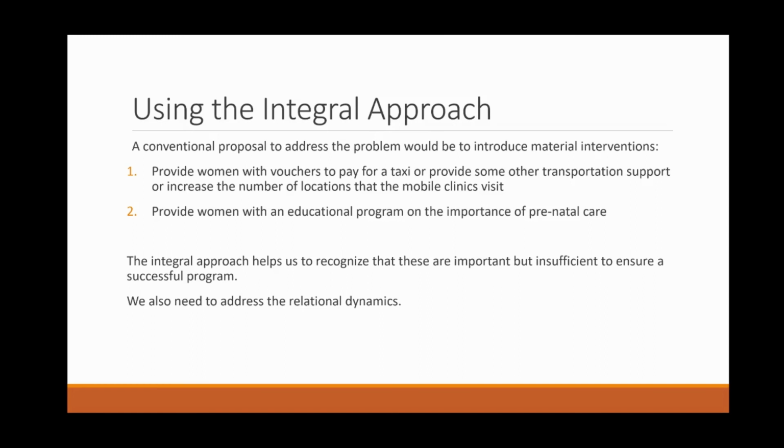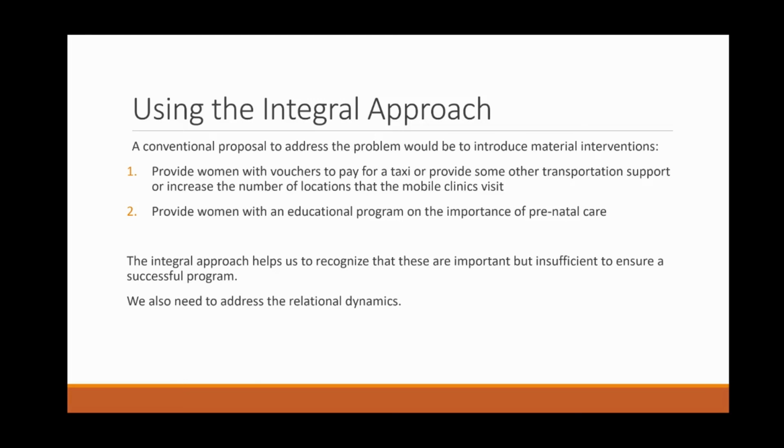But these types of interventions are insufficient because they do not think about the recipients as social persons. And so they do not recognize how the network of relationships within which the recipients exist have a significant impact on the decision-making process.